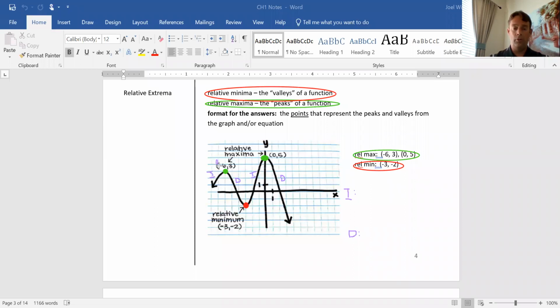So if I want to go ahead and write my values here, remember that I'm only dealing with just the x values. I don't care about anything else. All I care about is the x values. So I'm increasing from negative infinity to -6. Then I was decreasing from -6 to -3.